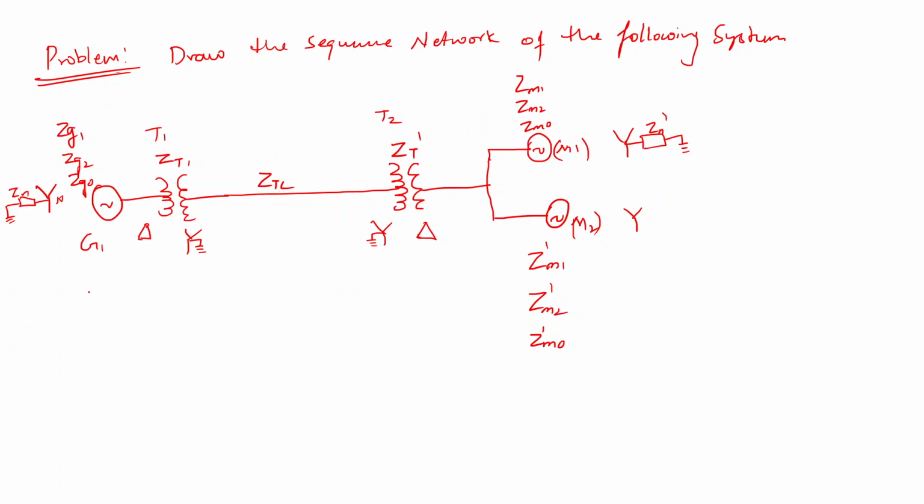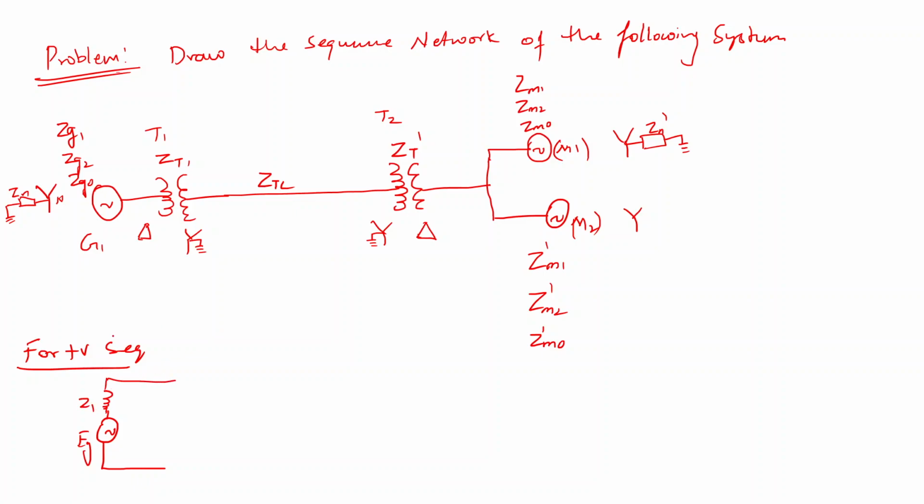So first we will take the generator or alternator for positive sequence. For the alternator, we have the EMF EG1 of this generator G1, and its positive sequence impedance Z1.